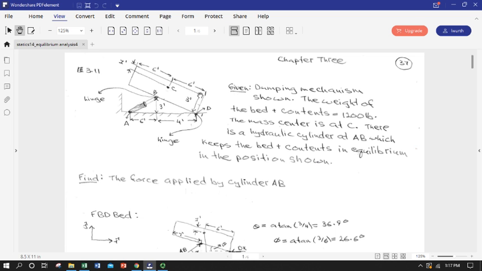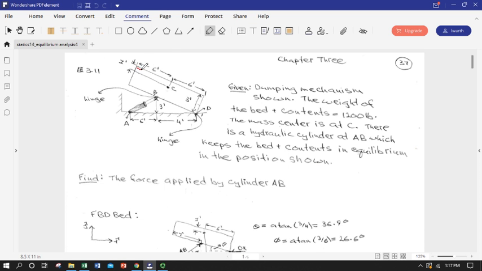Okay, so this is what I call the dumpster problem, and pretty much every statics class gets something like this, so it's pretty classic. We've got a load. This is like a big box right here, a big rectangular bin or something.